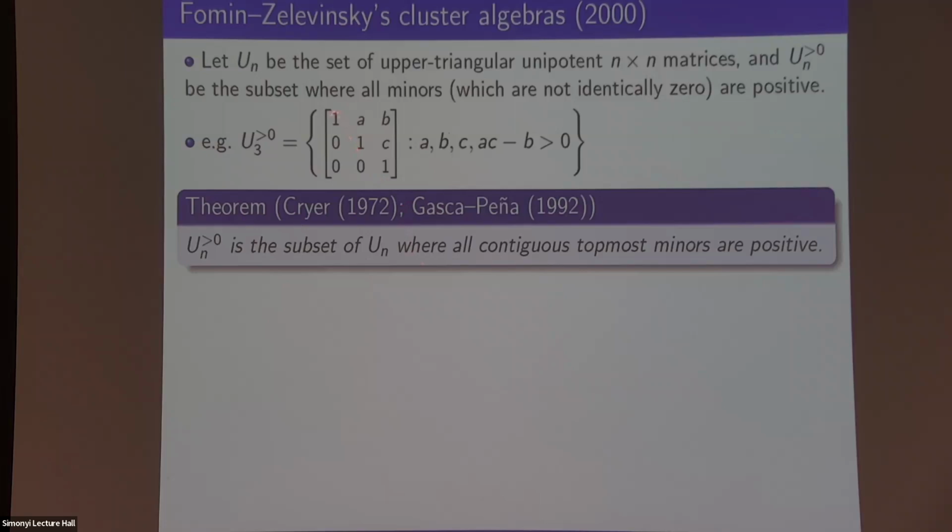For example, we have to check all the entries in the first row, so we need to know 1, A, and B are positive. And I need to know this 2 by 2 minor, which is AC minus B, is positive. But in particular, I don't need to check C. And this makes sense because if I know A, B, and AC minus B are positive, that implies C is positive.